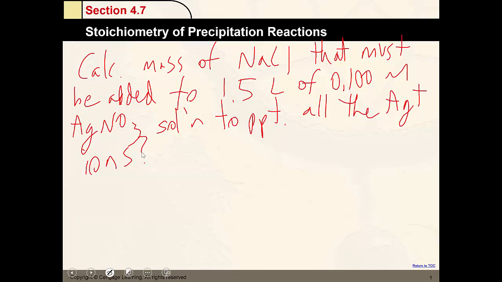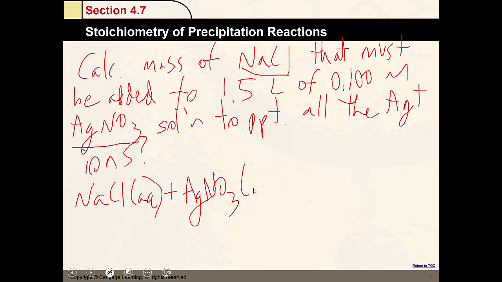Okay, so that means first step, we have to identify the reaction, what ions are present. So we know we are reacting NaCl with AgNO3. So those are our two reactants, and both of which, if you check the solubility rules, are soluble, so they are both aqueous.